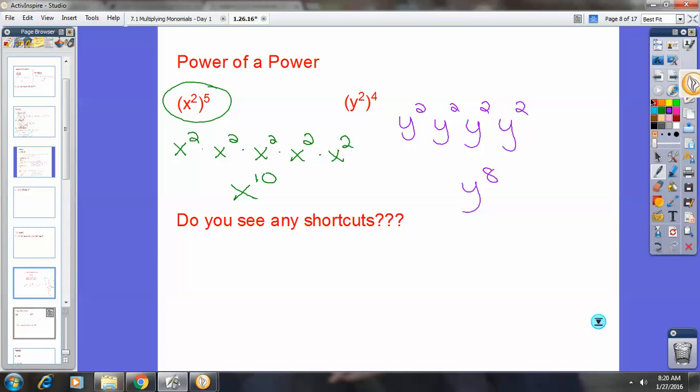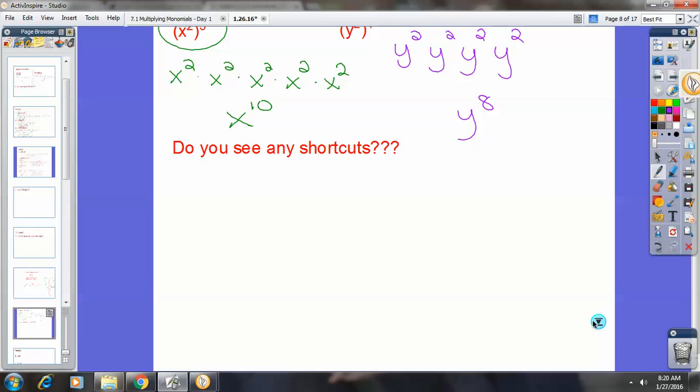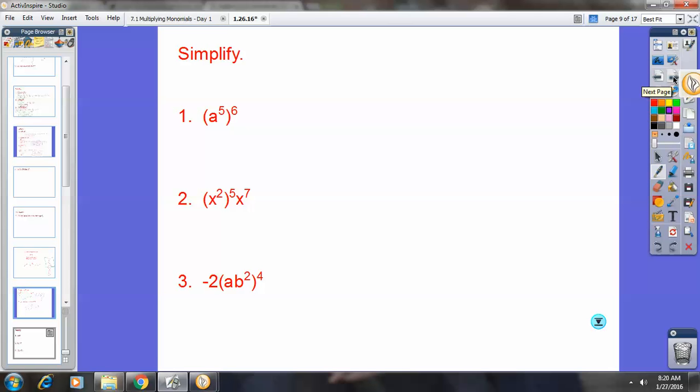What if we had something like this? What would that be? Hey, what's the exponent on that y inside the parenthesis? 1. And 1 times 8 is 8. Right, let's look at these examples here.